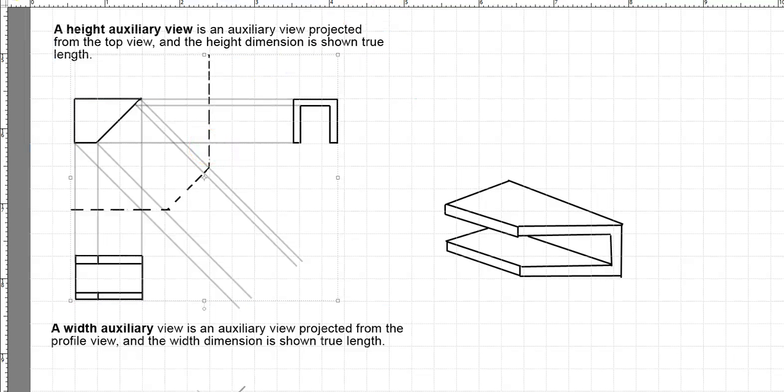Now our line of sight is going to be from here, looking in this direction. That is what is going to give our correct auxiliary view. We have to make sure that we project our lines from the auxiliary view at an angle of 90 degrees. So we get the true size and the true dimension.